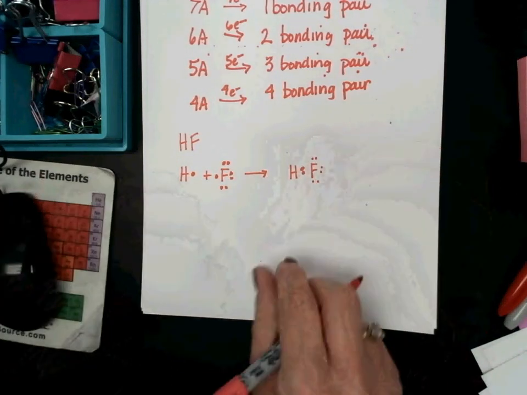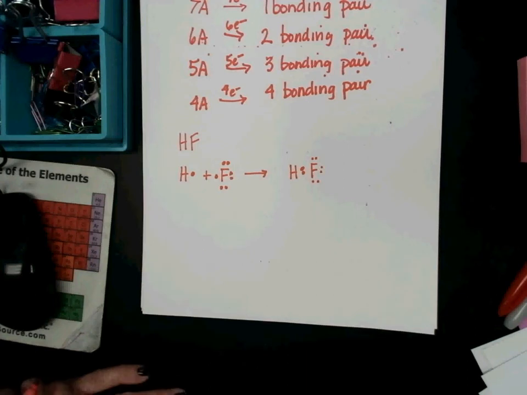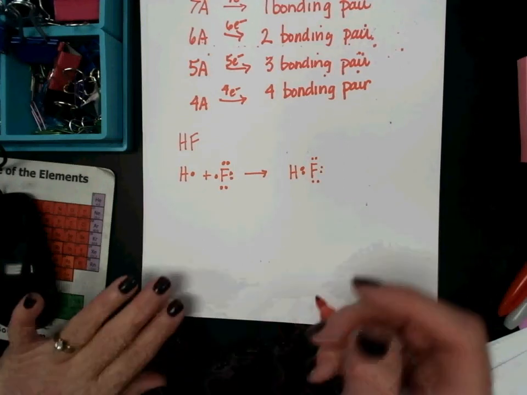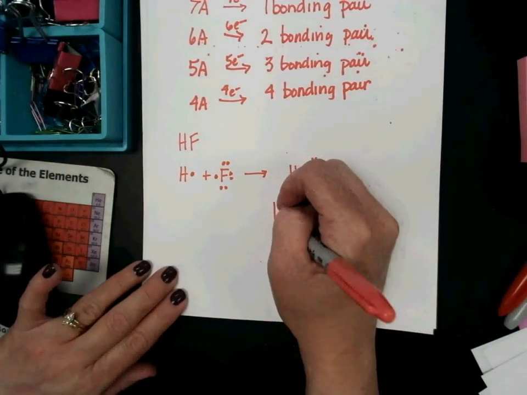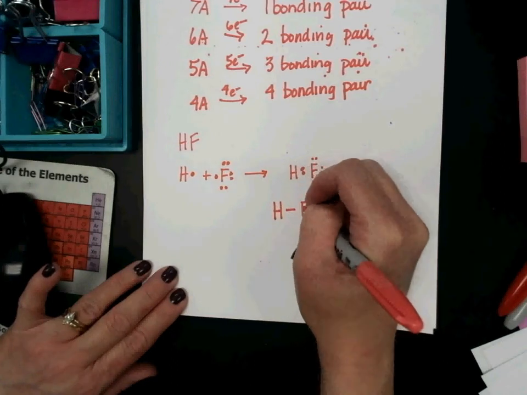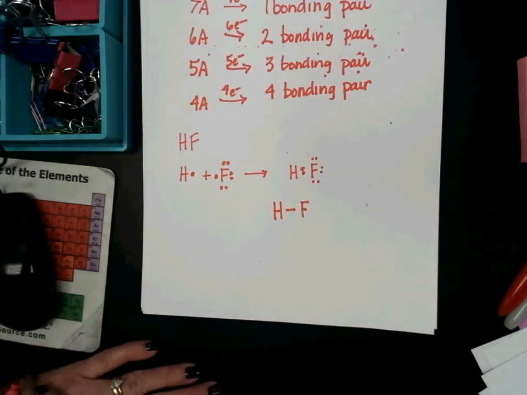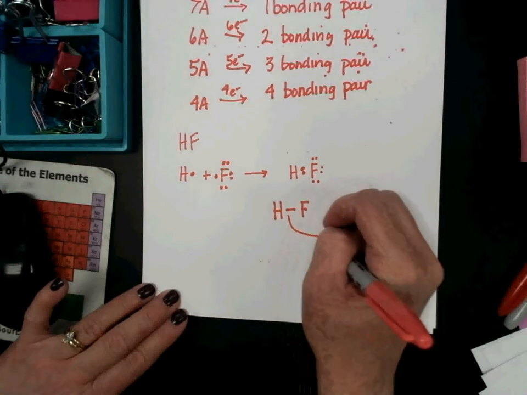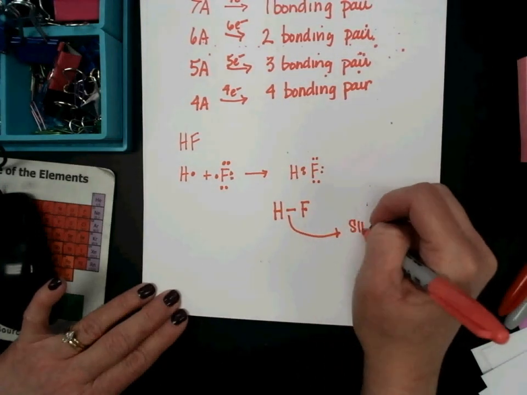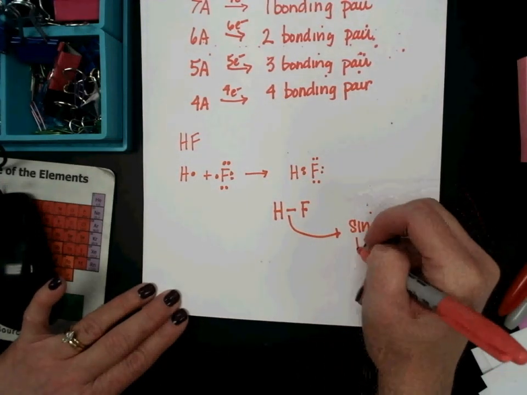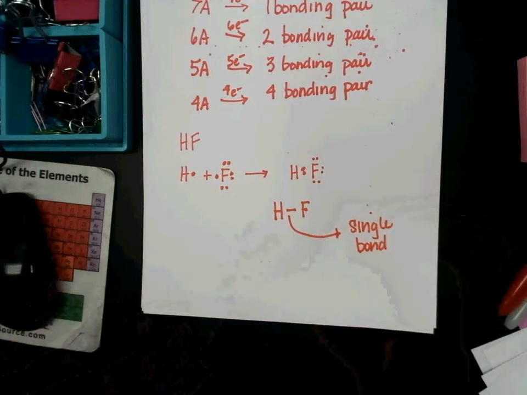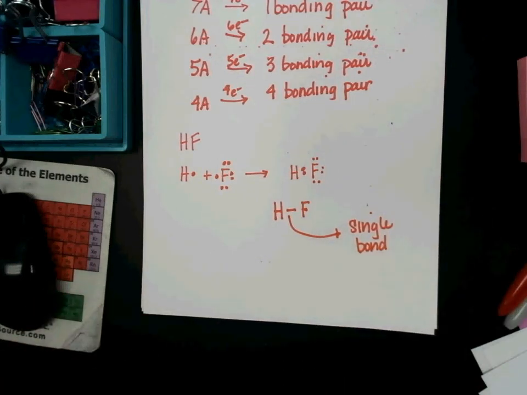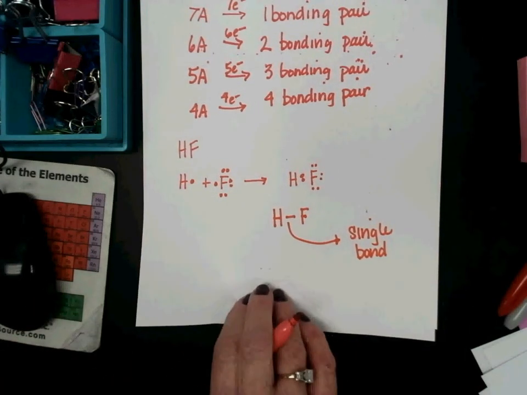I know that I'm going to get H bonded to F. Fluorine's going to have its octet. Technically, we say that hydrogen has its octet, and I will just write that when I come down here to make its final structure as HF. This would be called one bonding pair or a single bond.